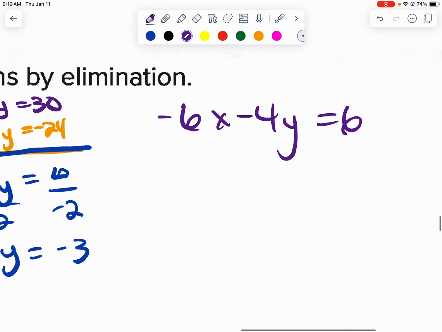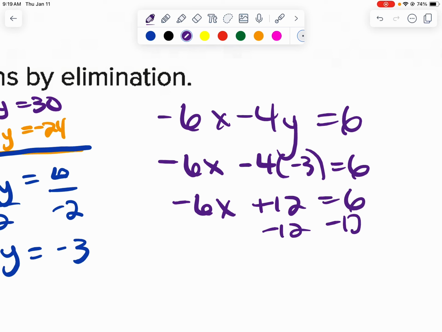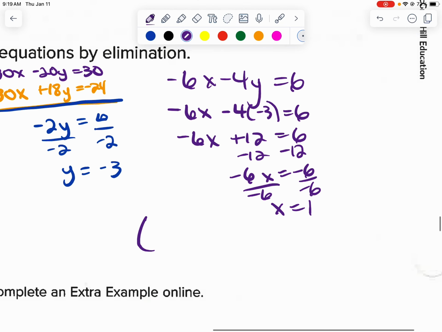Oh, except for I need to know what y actually equals. So -6x plus 12 equals 6. Subtract 12 from both sides. -6x equals -6. Divide by -6 on both sides. If I do that, I get x equals 1. So we have the point 1, -3.